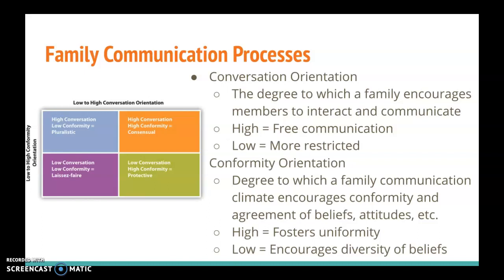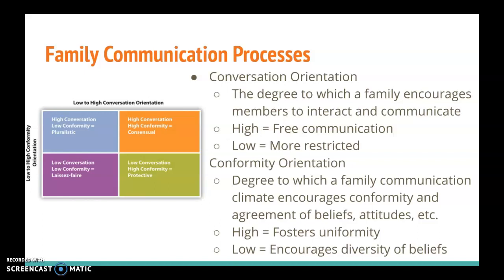And there's often a tension between a desire for both openness and control within the consensual family. In this type of family, parents will often hear their children's opinions, but they will make the ultimate decision themselves and then explain why they made the decision that they did, right? High conformity, but high conversation.